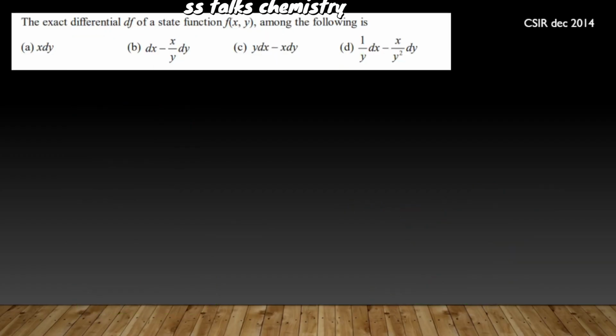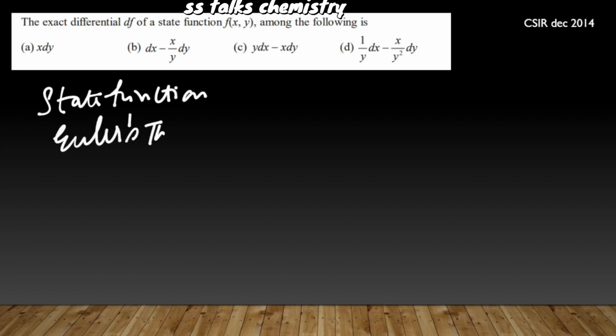Next, this question: the exact differential of a state function, which is a function of x and y, among the following is. The exact differential is going to exist for state functions. That means here we have to see Euler's theorem again.